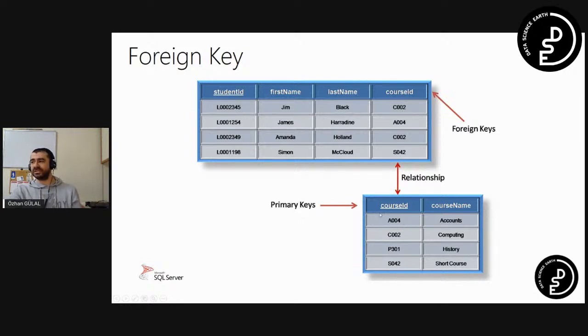Inside of here, this course ID represents that this student has the C002 class. We can find the C002 class in here. As a result, we can say Jim Black has this class, connected to each other. Primary key and foreign key.